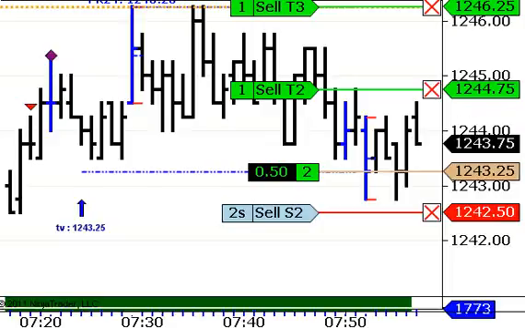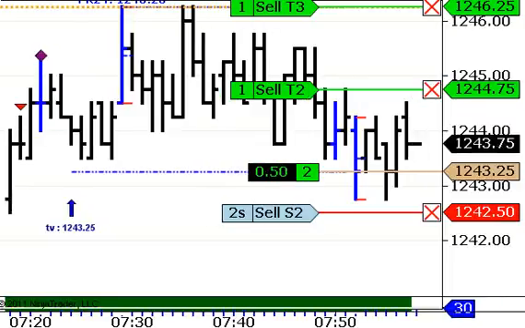So you can see our entry price here, very plain, very clear on our software, where you can see over on the left side the up blue arrow and a price of 1243.25, and then the dotted line. When that blue horizontal dotted line started, that's when we actually put the order in.